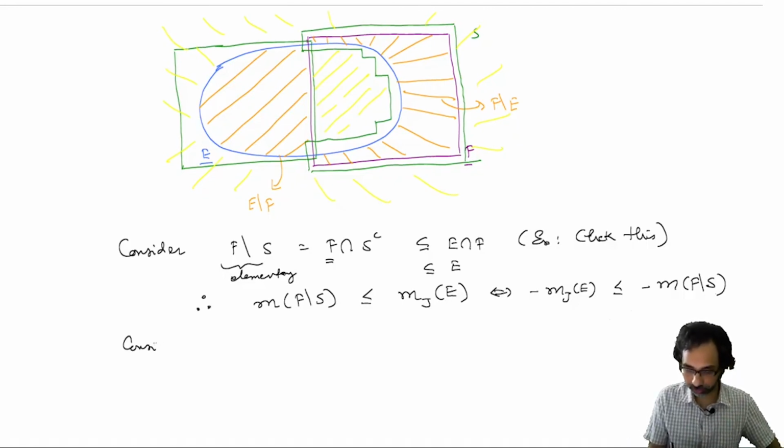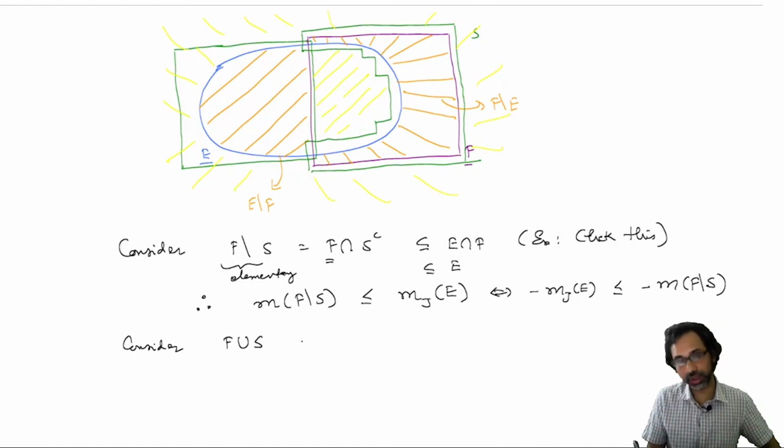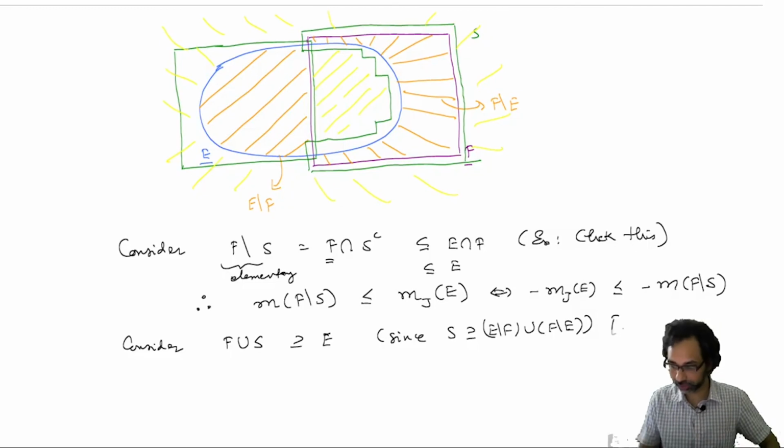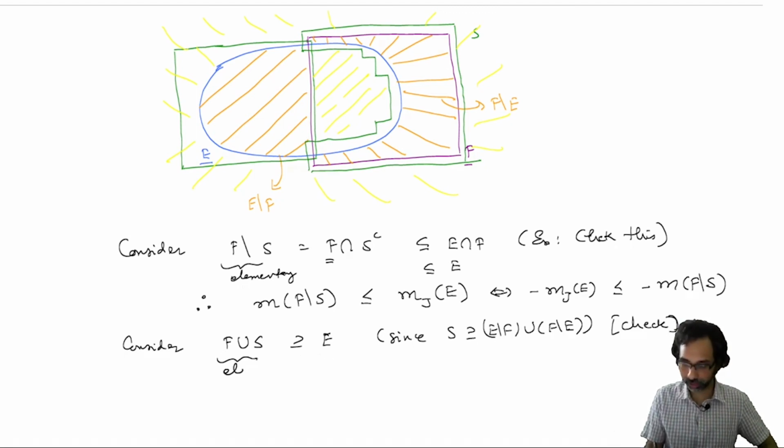Now consider the union of F and S. Now one can show that this includes the set E itself, because S covers E minus F and F minus E. So one can check again that this set F union S covers E, and now this is again an elementary set.